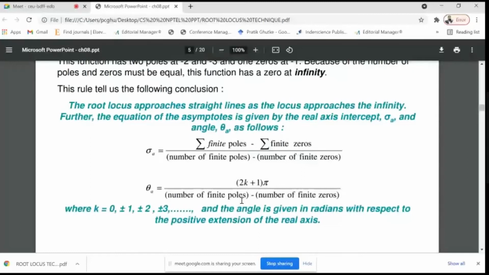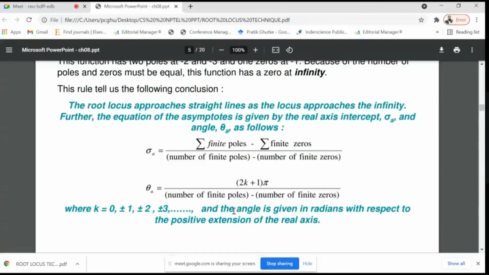First of all, I calculate the asymptotes, then the angle of asymptotes. The formula for calculating the asymptote is the summation of finite poles minus the summation of finite zeros, divided by the number of finite poles minus finite zeros. Now the formula for the angle of asymptote is (2k plus 1) times pi divided by P minus Z, where P is the number of poles and Z the number of zeros, and k varies from 0, 1, 2 and 3.